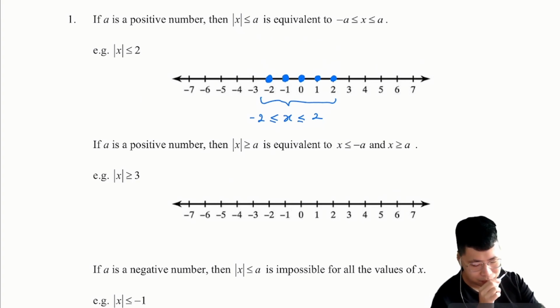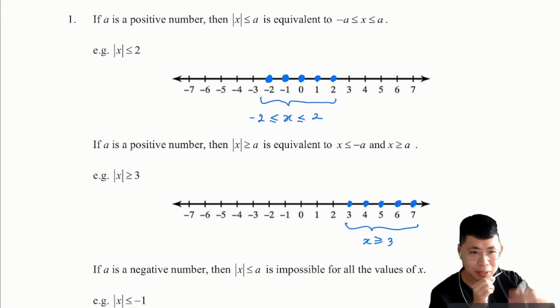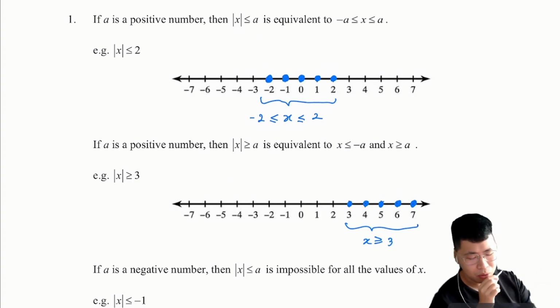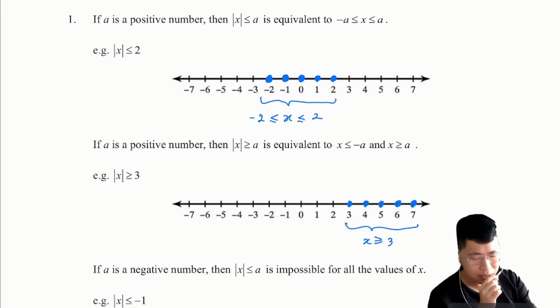So let's look at the positive numbers first. These are the numbers which are already more than 3. So putting them in modulus would make them more than 3. So when we open up, the solution that we get will be x more than or equal to 3. However, if we look on the negative side, which numbers when we put in the modulus will be more than or equal to 3?